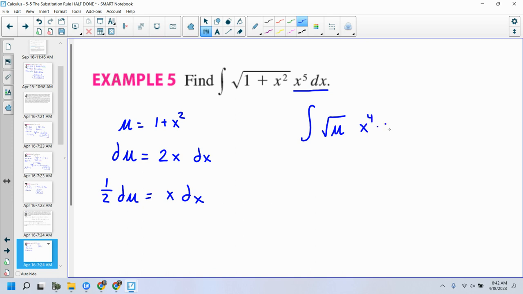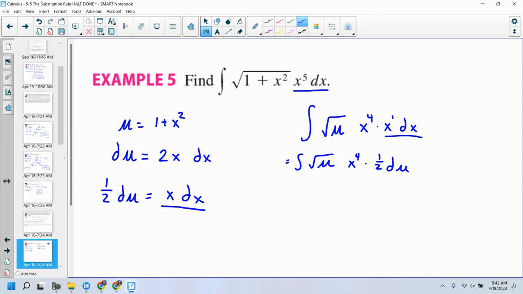So I'll just write it out: x to the fourth times x to the first dx. That's just x to the fifth, right? Now, do you see the x dx? I see it right here. So this is the integral of the square root of u times x to the fourth times 1/2 du.